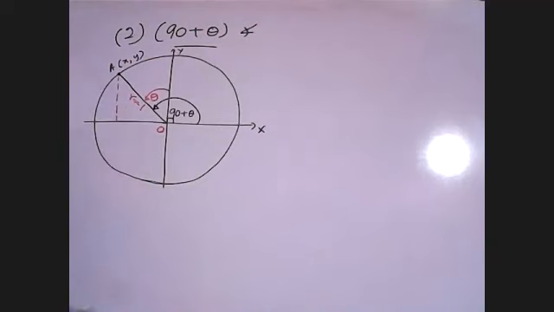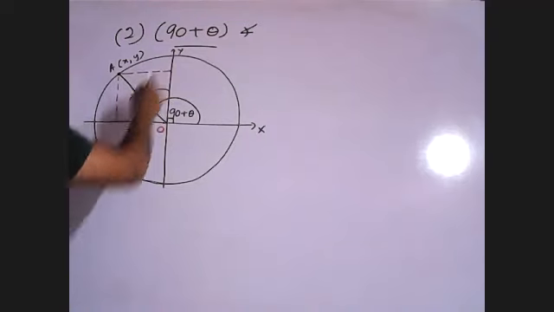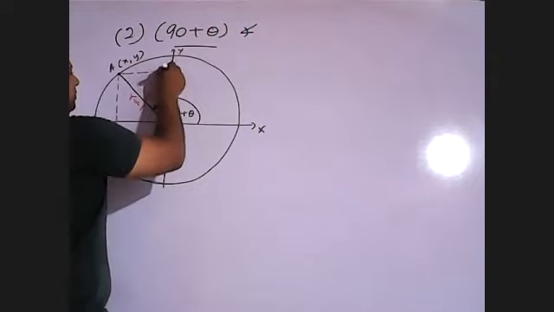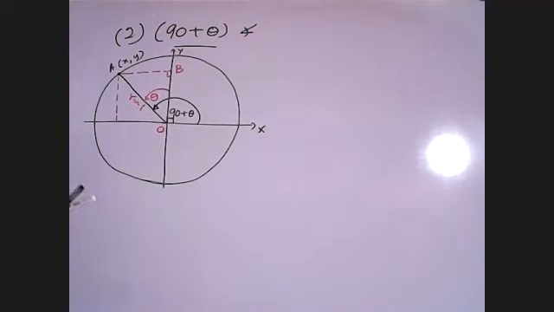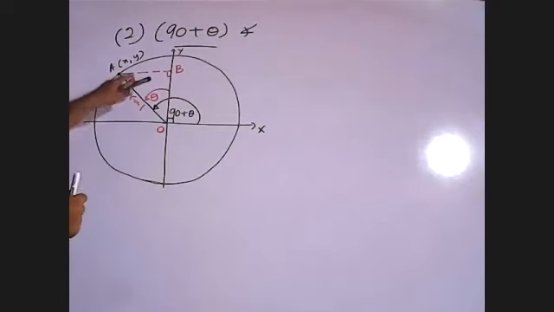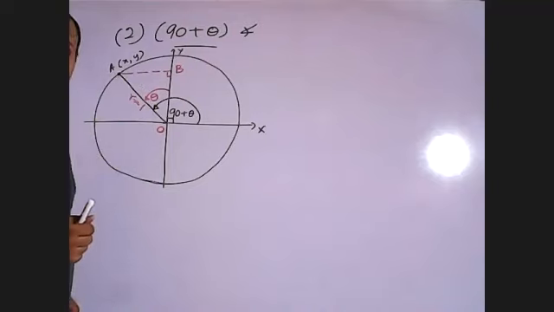Okay, draw a perpendicular to this one, and this is B. Look at this OAB triangle.